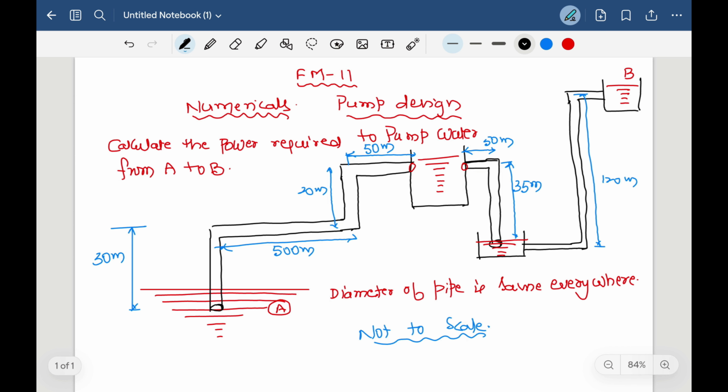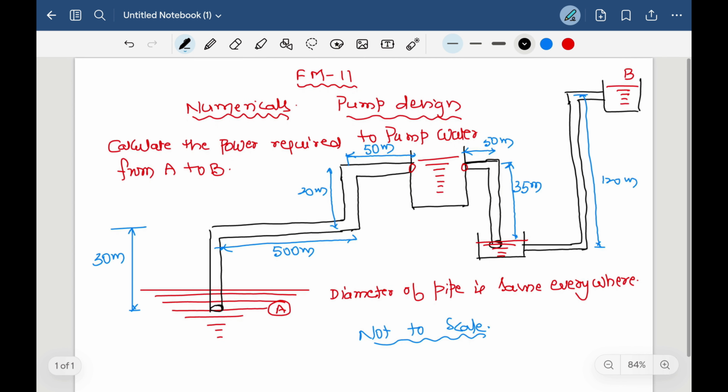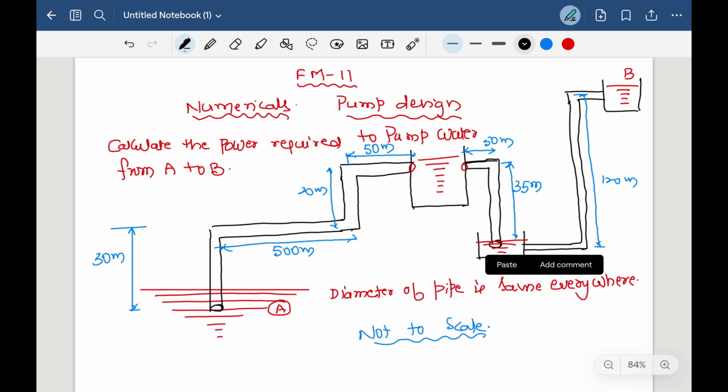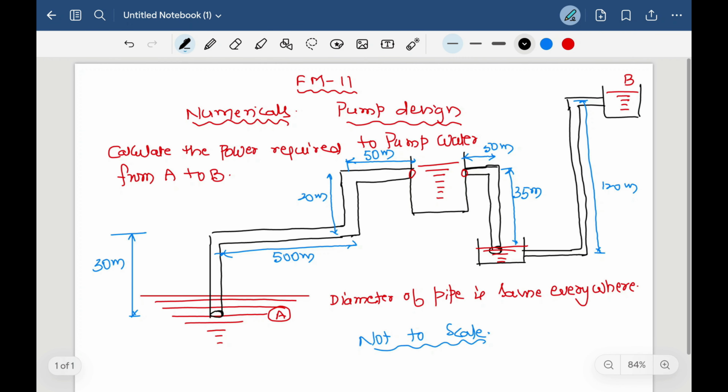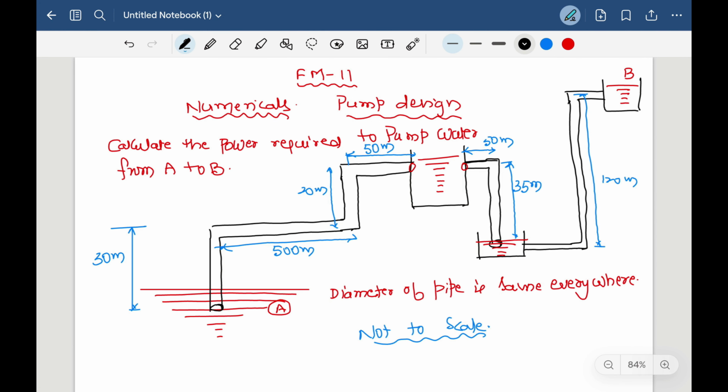That means from A you will be going to A dash, or we can say C, and from there we will be going to D. Now let us see what happens.